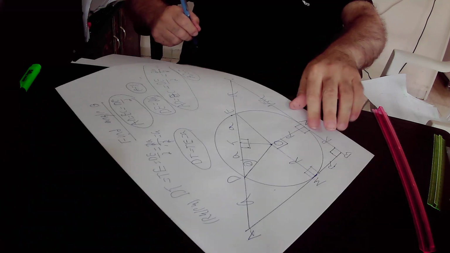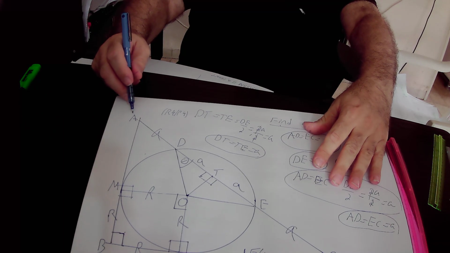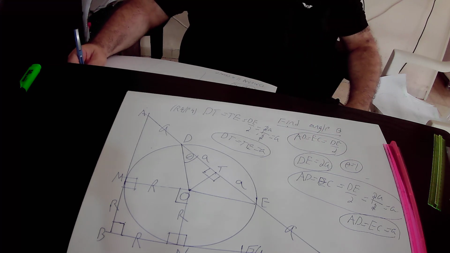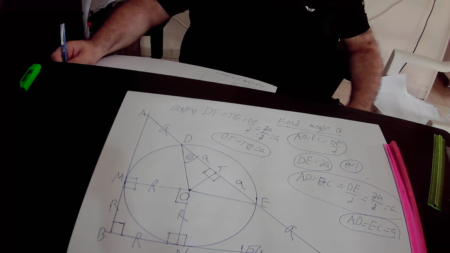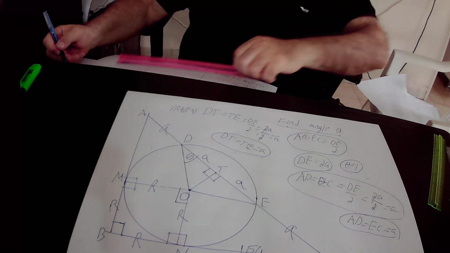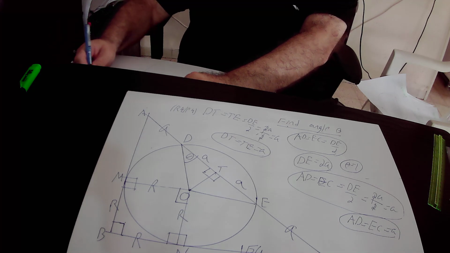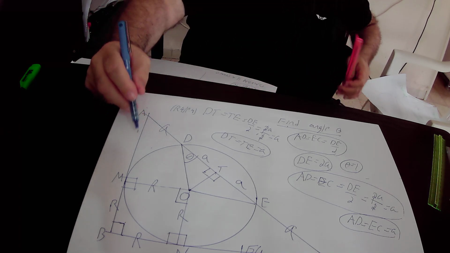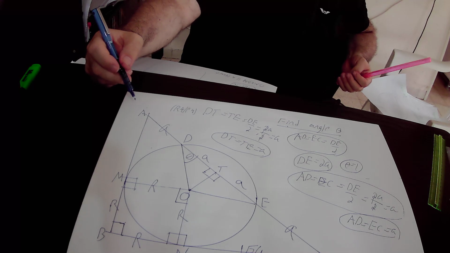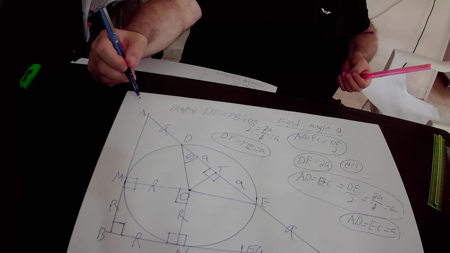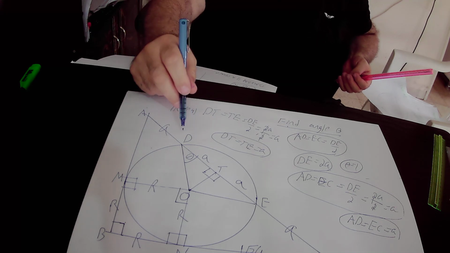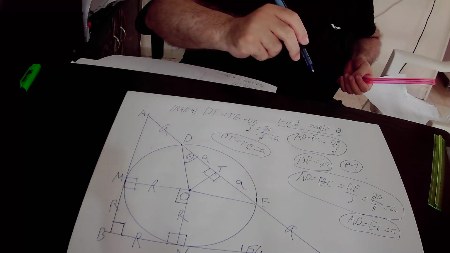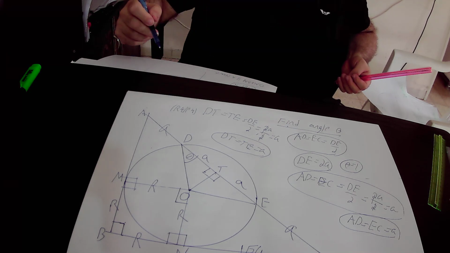Likewise, we focus on the external point A. We have tangent AM, and we have the straight line that intersects this circle at point D and at point E. Therefore, we can implement here rule number 10.